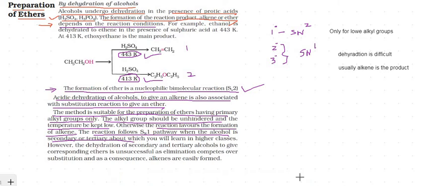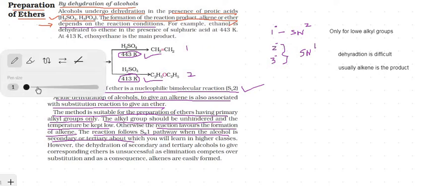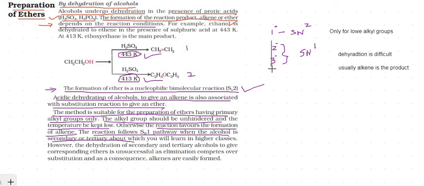Generally, the lower alkyl group favors the SN2 pathway, while secondary and tertiary both follow the SN1 pathway, and the result is generally the alkene product.